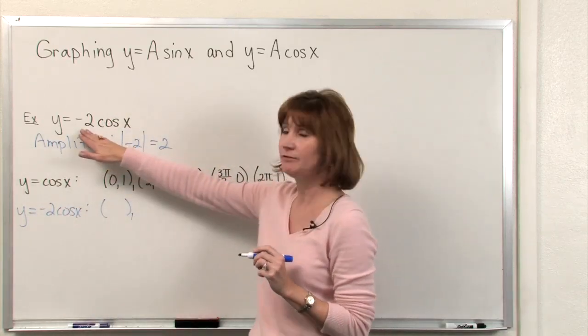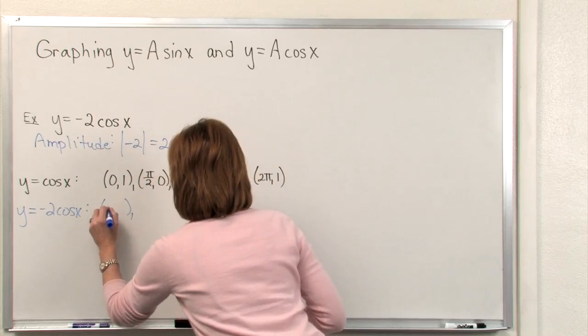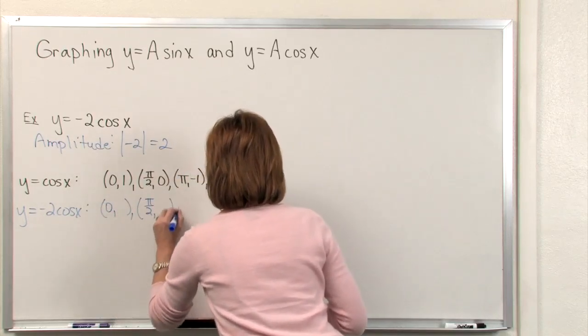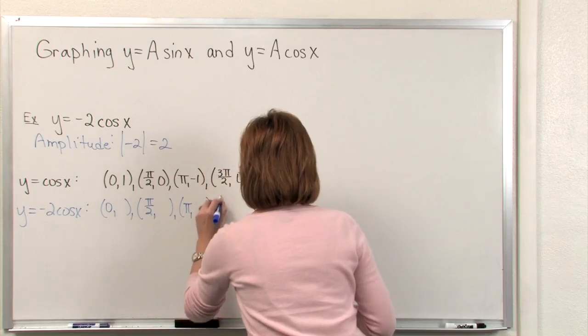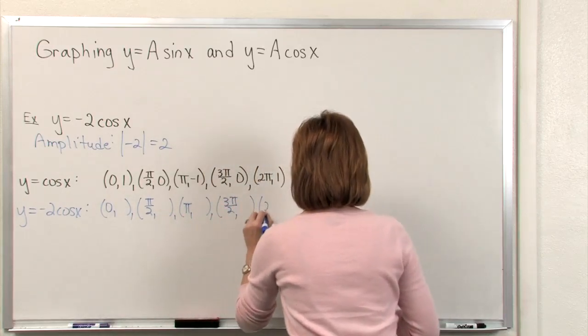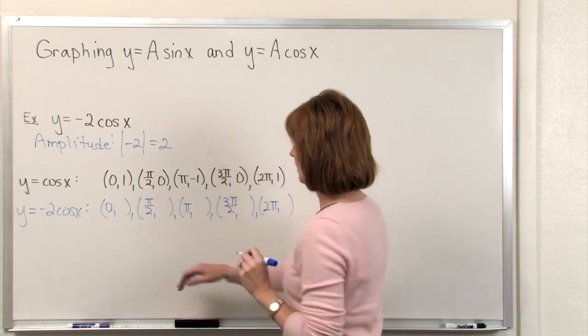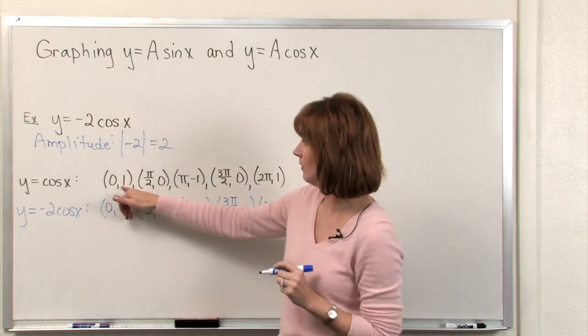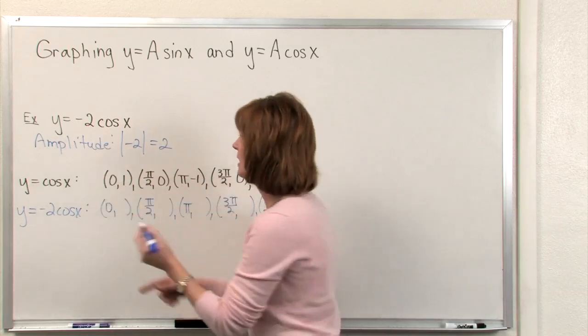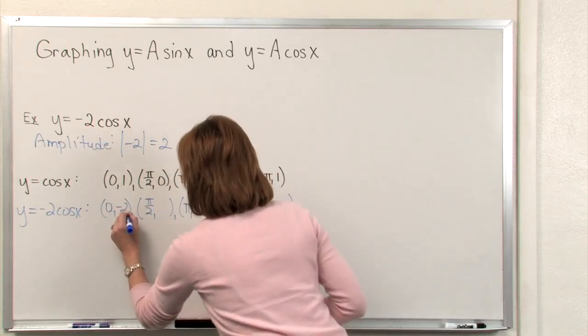Well, the a only affects the y coordinates, so the x coordinates will not change. Okay, so let's look at the first one. The y coordinate of cosine x is 1, multiply by negative 2, and what do you get? Negative 2.